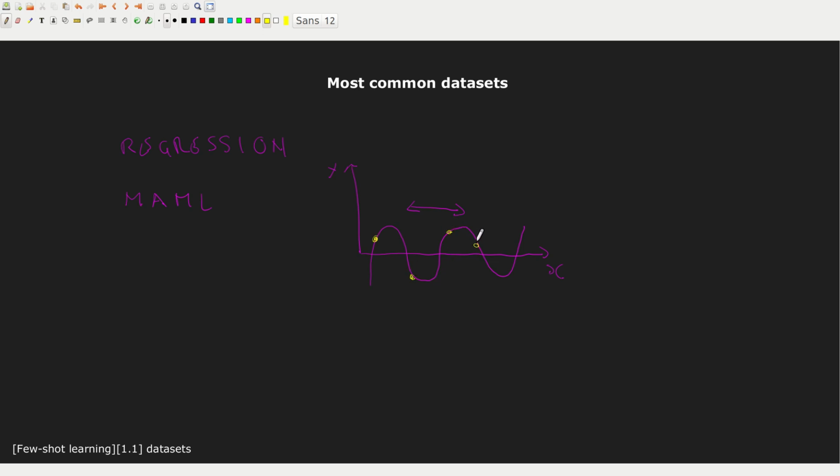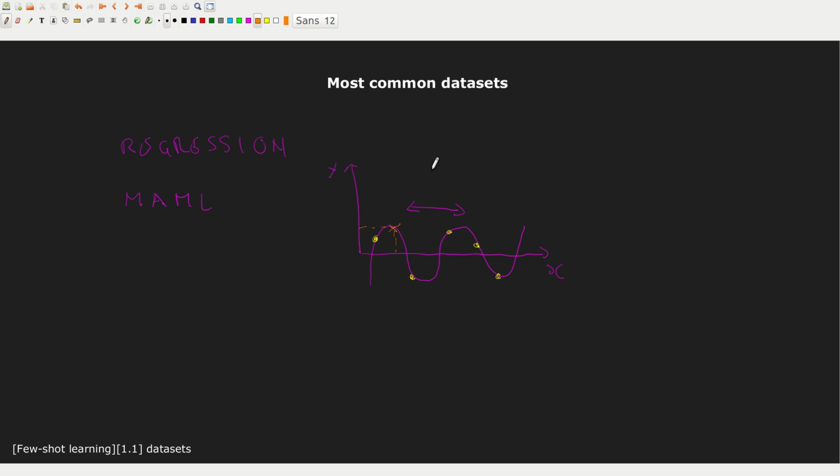Let's suppose that we have five points, and at training time you're also given the labels for the query points, but at test time you may get some query points on this curve, and you have to predict, given for instance the x-axis, the y-axis in this case. You have to predict it based on the given coordinates of the yellow points, the support points. So this may be pretty difficult.